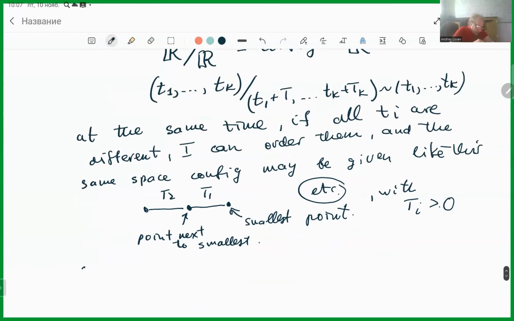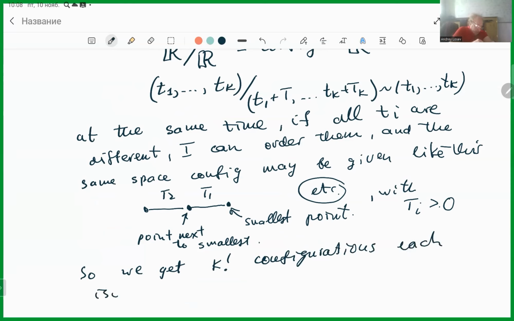So you get k factorial configurations, each isomorphic to R plus to the power k minus 1.